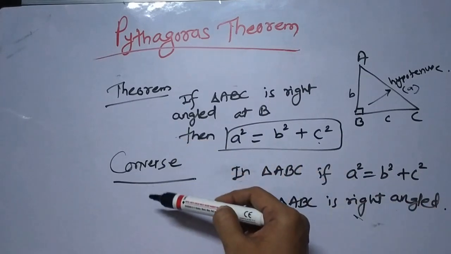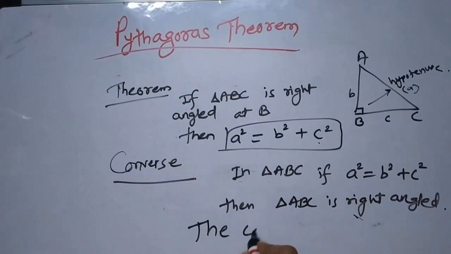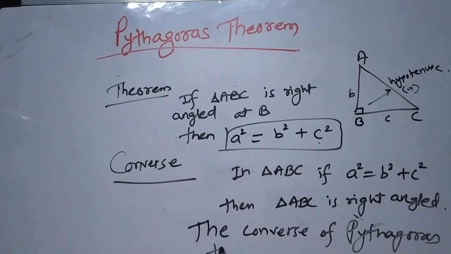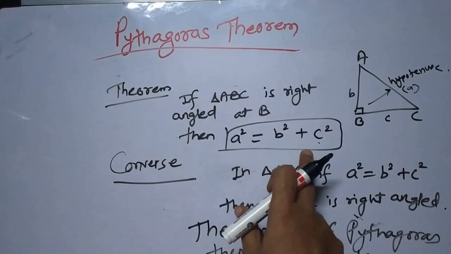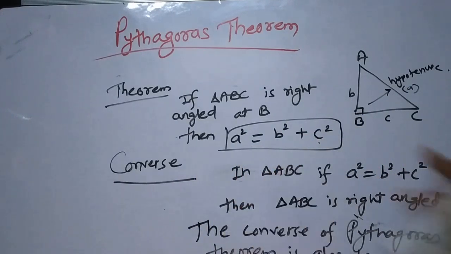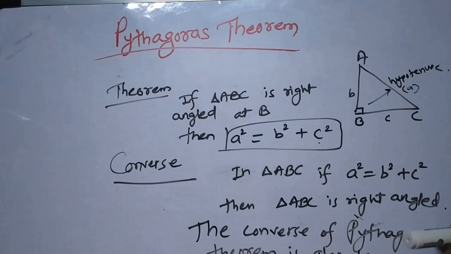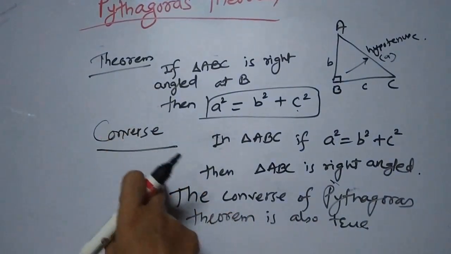So we call it the converse of this theorem. The converse of Pythagoras theorem is true. It means if it is a right angle, then the hypotenuse square is equal to the sum of squares of these sides. And if the sum of squares of these sides is equal to the hypotenuse square, then this triangle is a right angled triangle. So the converse of this theorem is true.